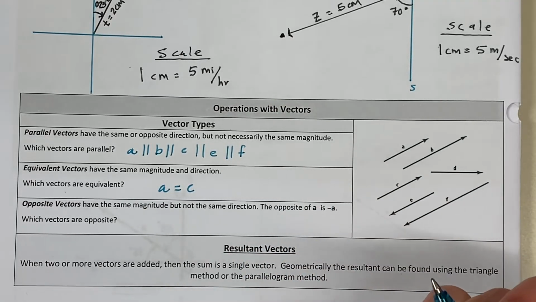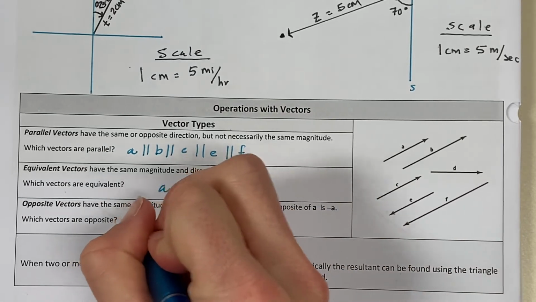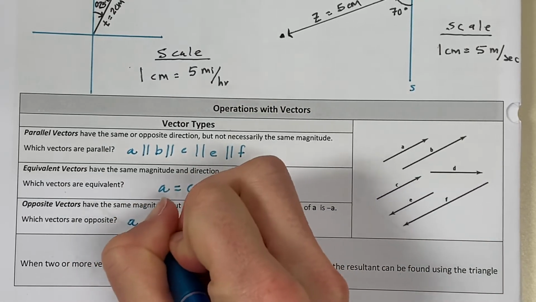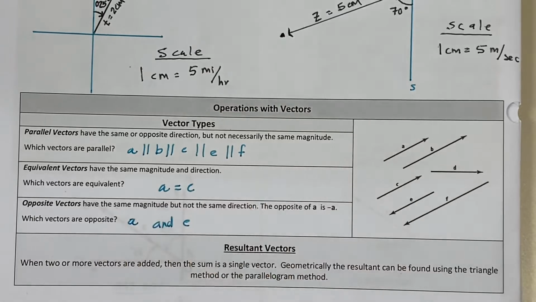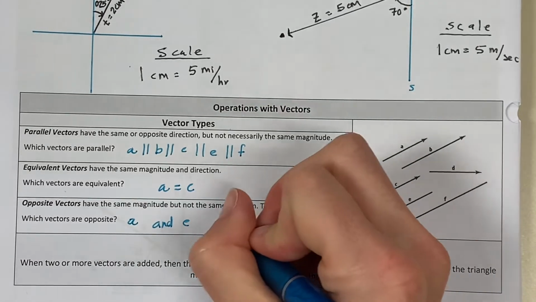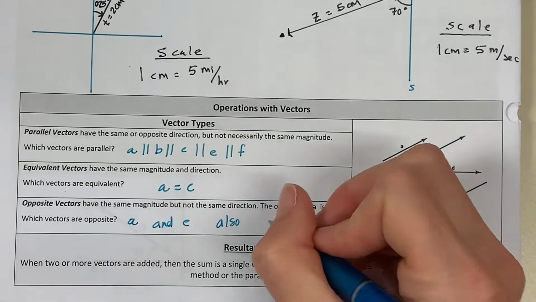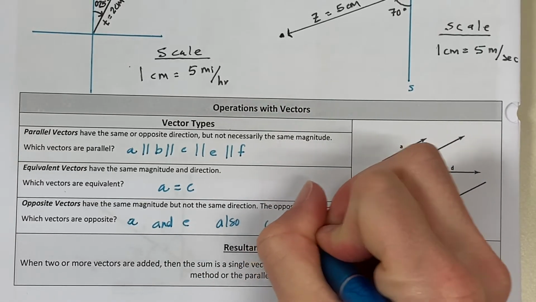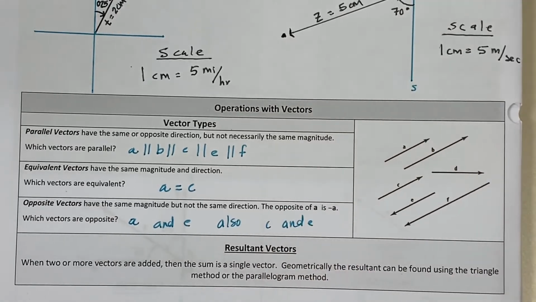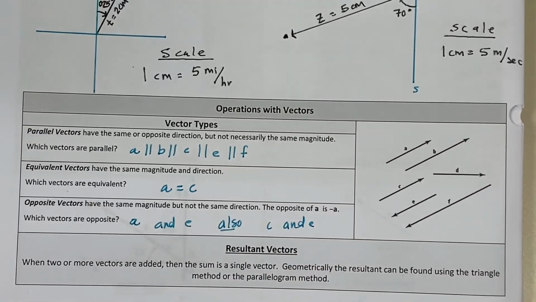So I would say that vector A and vector E are opposite vectors. Okay, also, looks like vector C and vector E are opposite vectors.